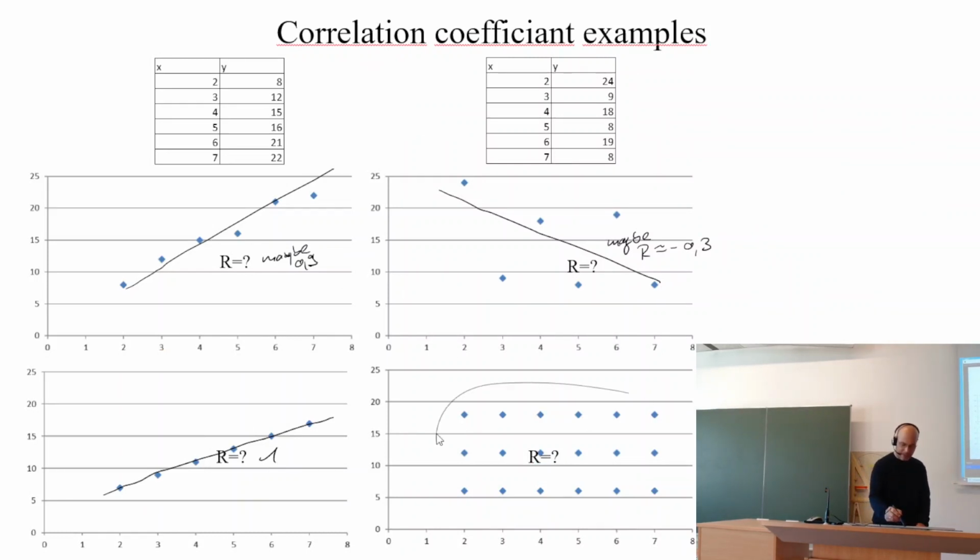And here our data points are distributed in a totally symmetric way. What would be our R here? Yes, because what kind of line should I fit? Should I fit this line or this line? I don't know. Everything is as reasonable as the other one.